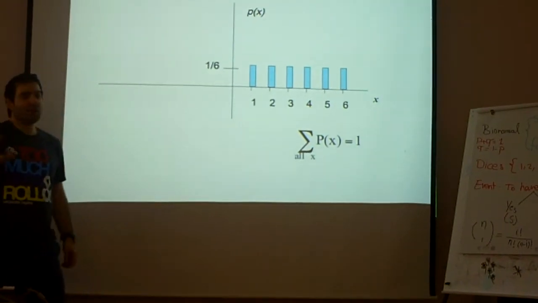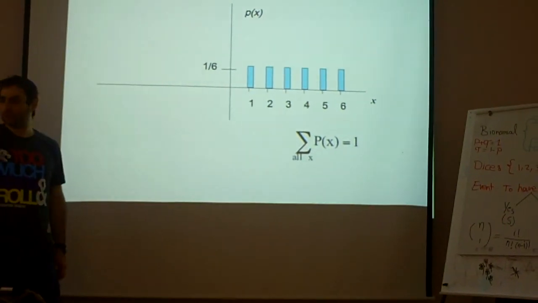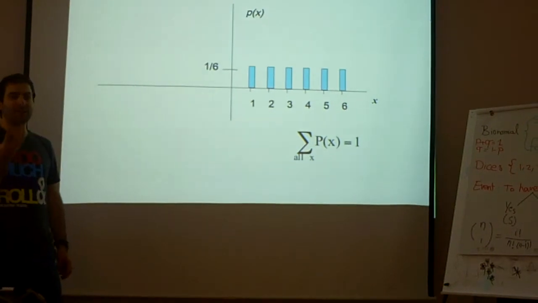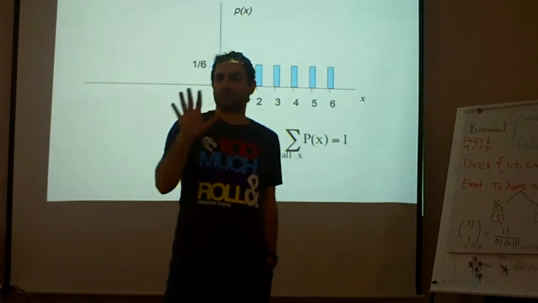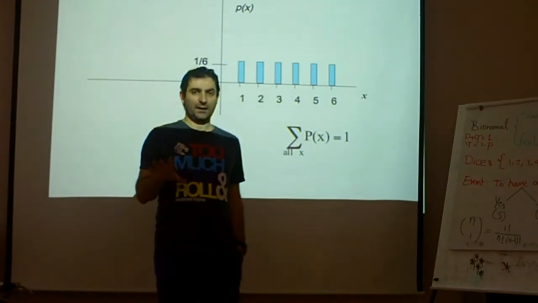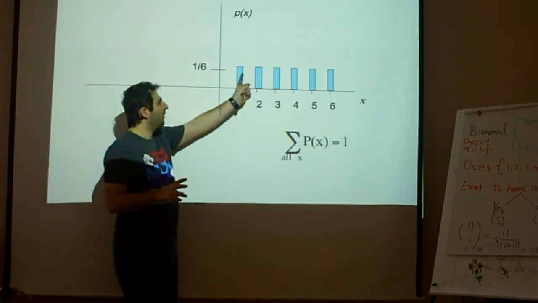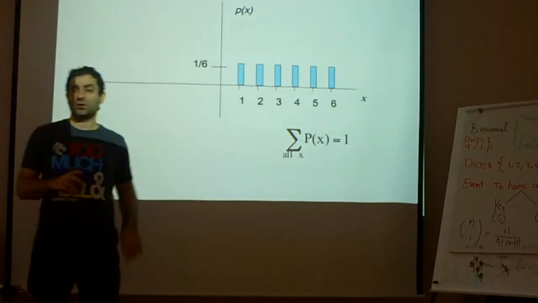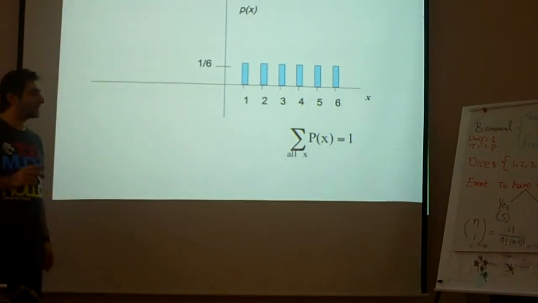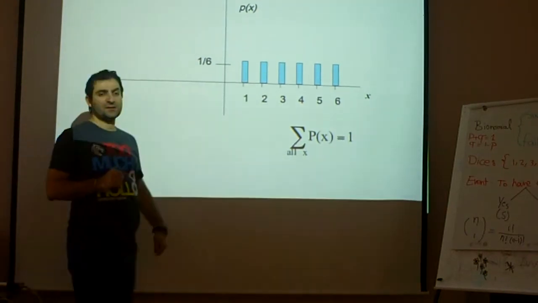Because the die that I have in my hand is a uniform, unbiased die. These are the terms that you have to be careful with. Unbiased means you can treat everything equally. So it means all the probabilities are equal to each other, and based on the formula it is 1 over n, which is 1 over 6. And the summation of all of them is 1.